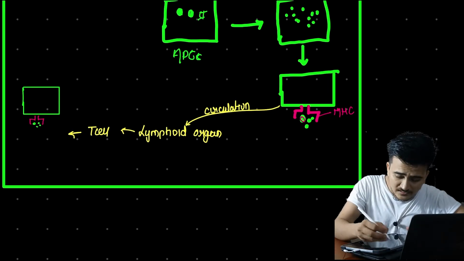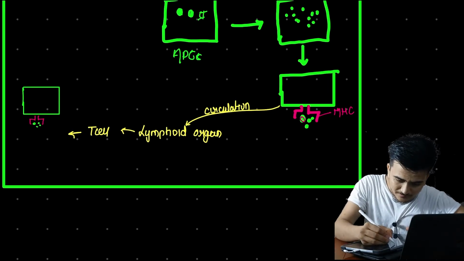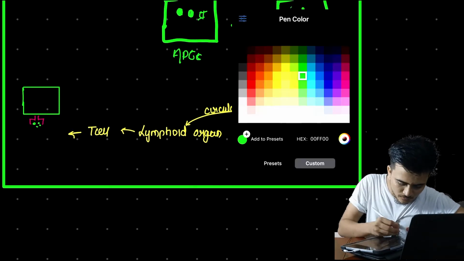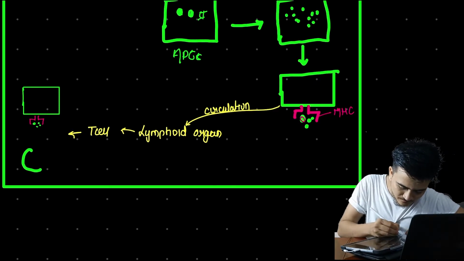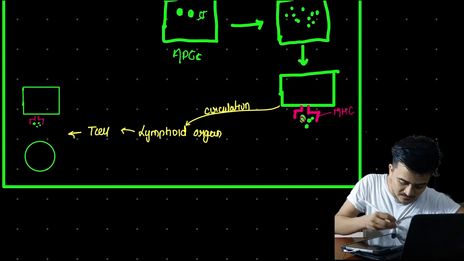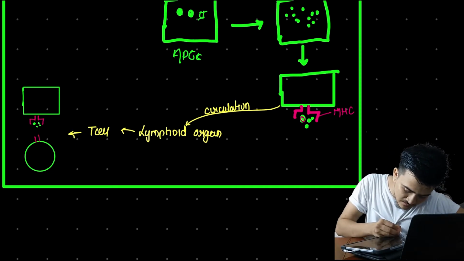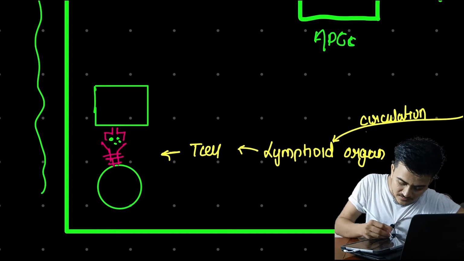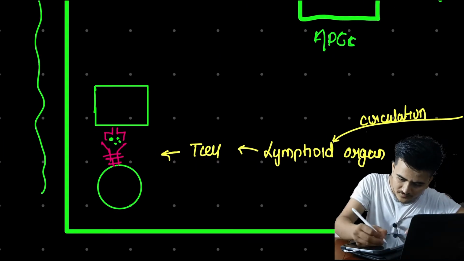Now these will present this small portion of antigen to our what? T cells, which are in the lymphoid organ. That means this is our T cell, and here we can see this is the T cell receptor.